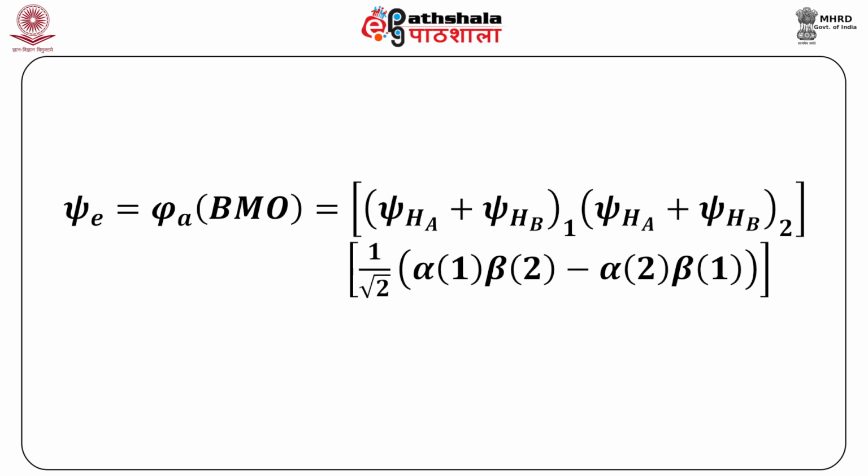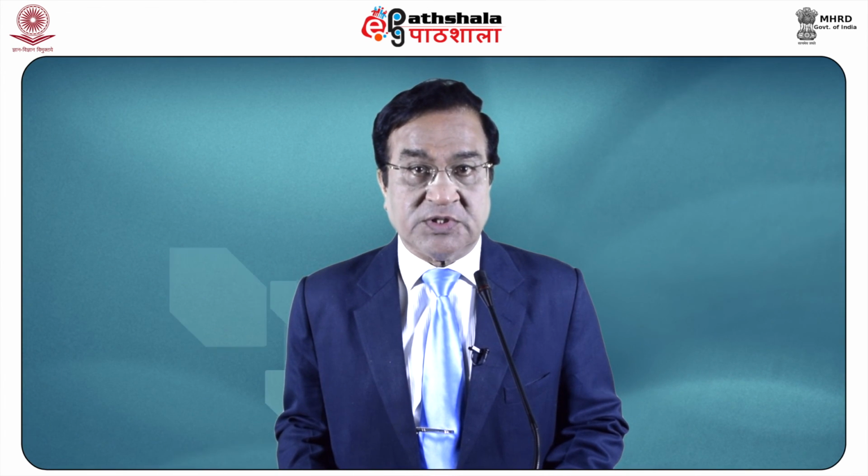This is already symmetric because if you interchange 1 and 2, the spatial part remains the same. So this spatial wave function must be multiplied with the antisymmetric spin function, that is 1 upon under root 2 times alpha 1 beta 2 minus alpha 2 beta 1.